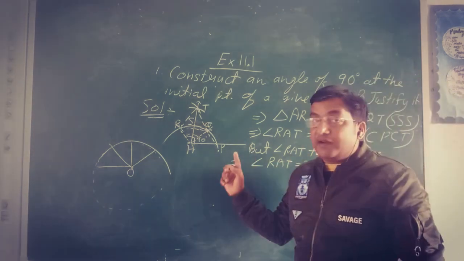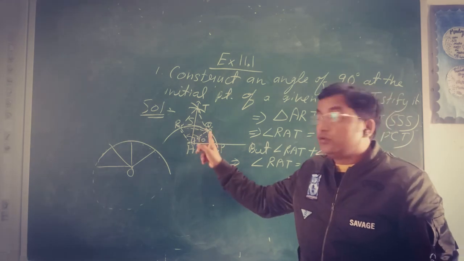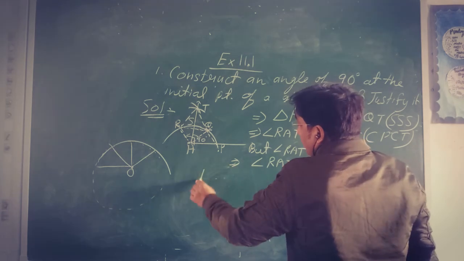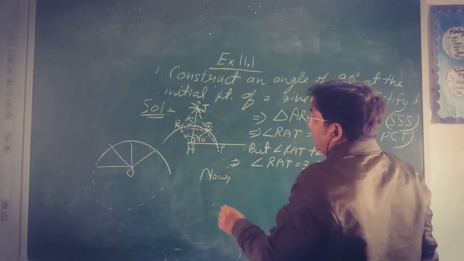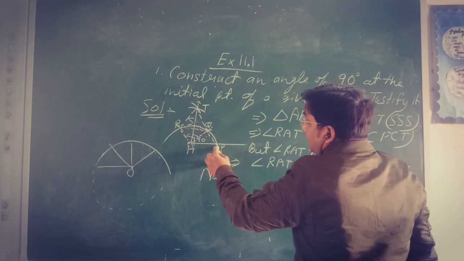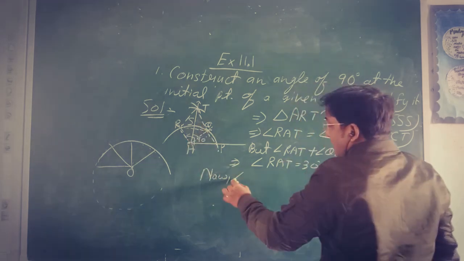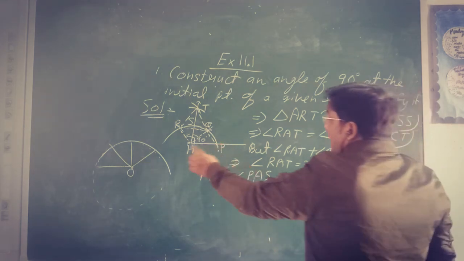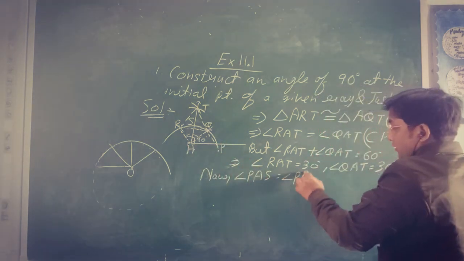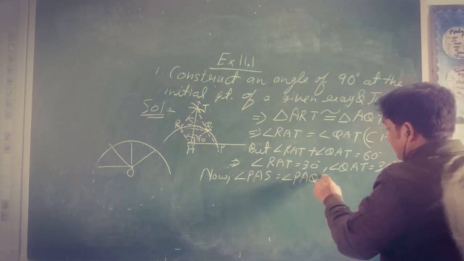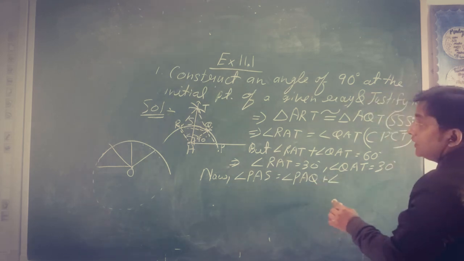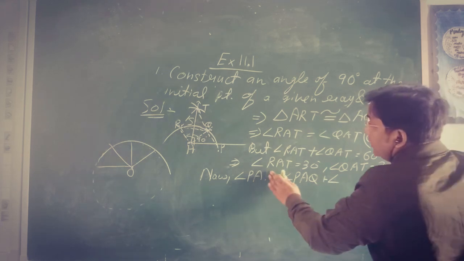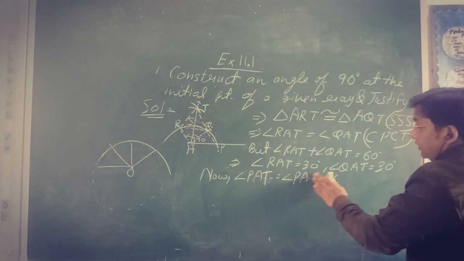And previously I have proved that this PAQ is 60 degree. Now, this is the final line. Angle PAS is equal to PAQ plus QAS, or QAT you can say.